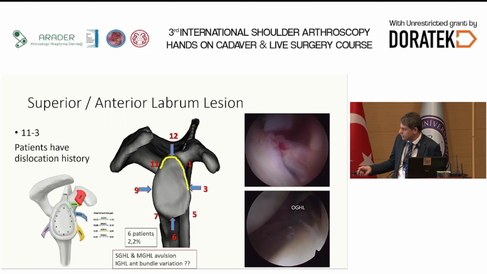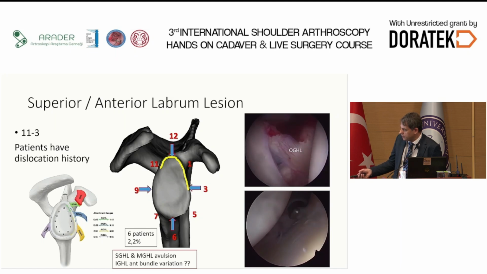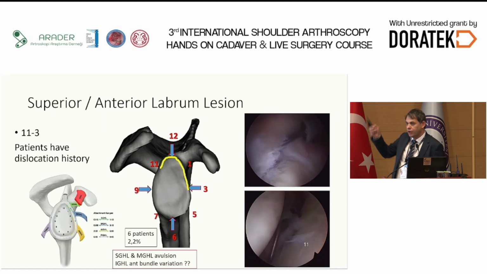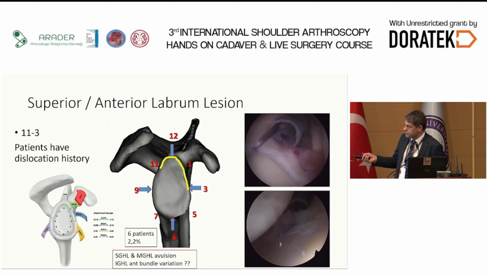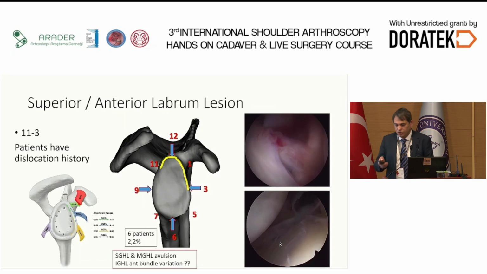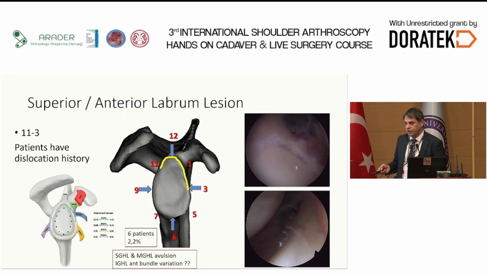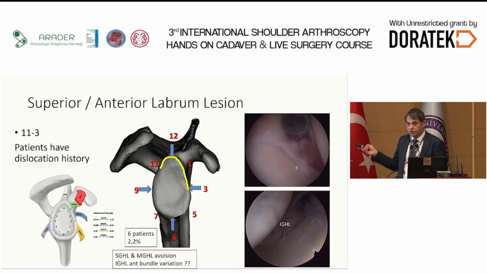And in this case, you can see that the inferior glenohumeral ligament has a variation. Here the inferior glenohumeral ligament inserts higher than 3 o'clock. So in these cases, the inferior glenohumeral ligament also gets lax. So, this is a variation.